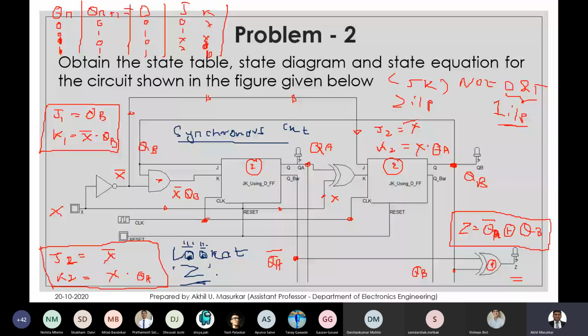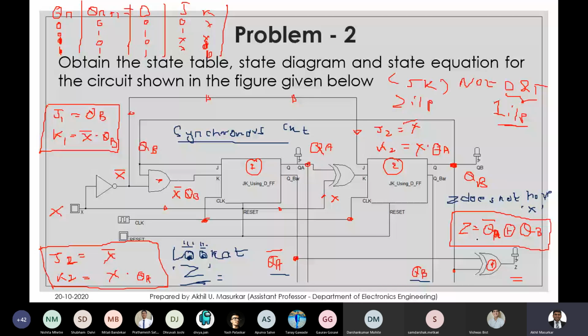It is not a function of X. Does not have X in it. Can you see X in the function of Z? No. So that is why it's a Moore circuit.